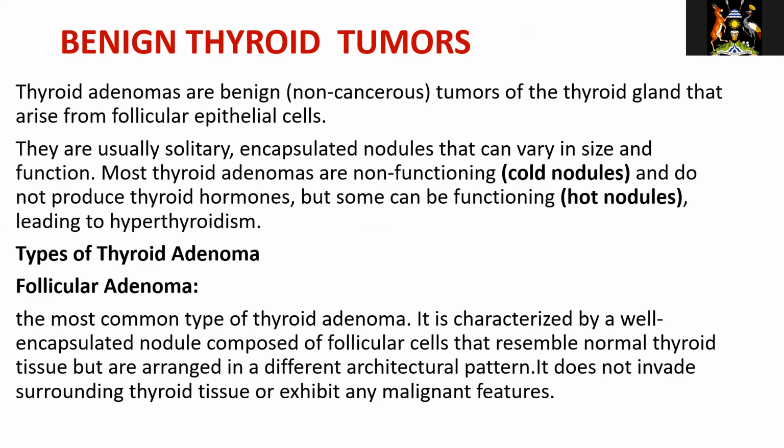That means they do not really produce any thyroid hormones, but some can be functioning. Those which produce thyroid hormones are hot nodules, and those which do not are called cold nodules. And as previously said, cold nodules have higher chances of malignant transformation, whereas hot nodules are usually innocent.